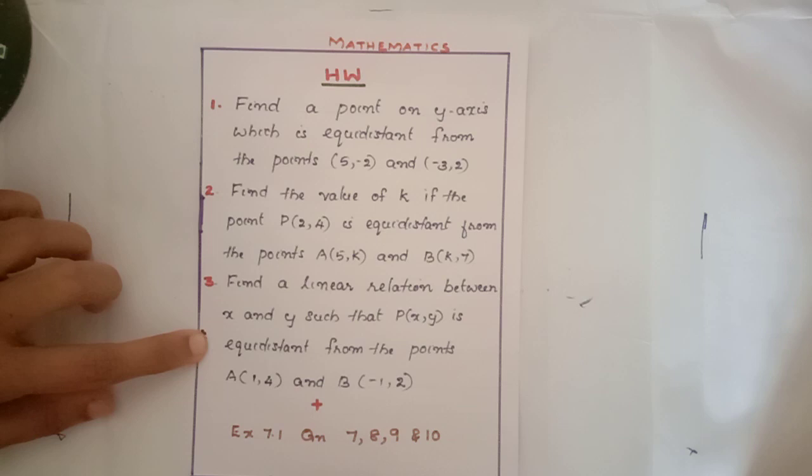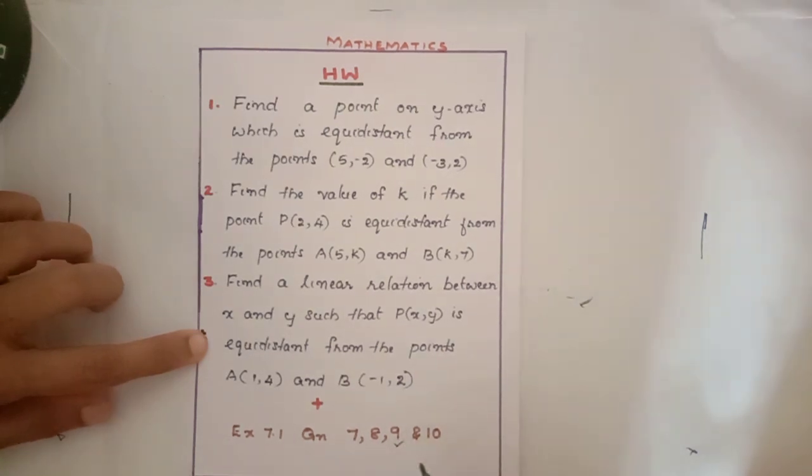And from the exercise also, exercise 7.1, question numbers 7, 8, 9 and 10. Read the 9th question very carefully and do it. Now you have to complete this homework before the next maths class. Okay children, thank you.